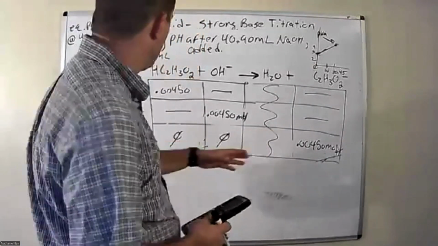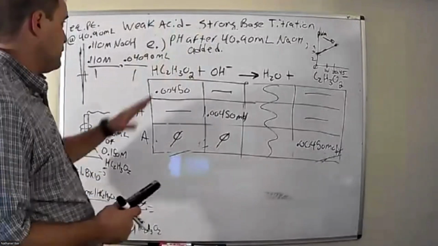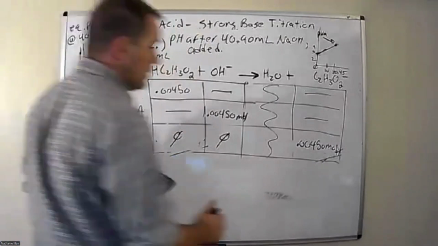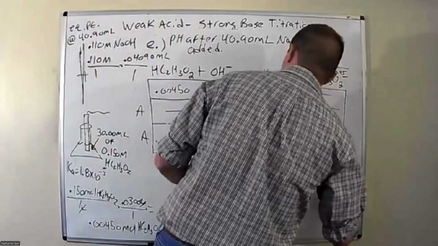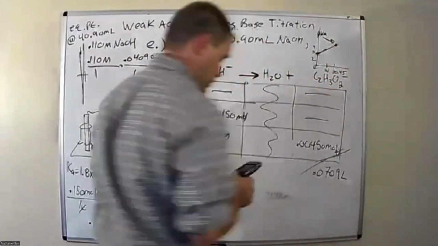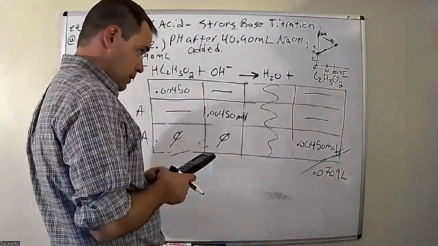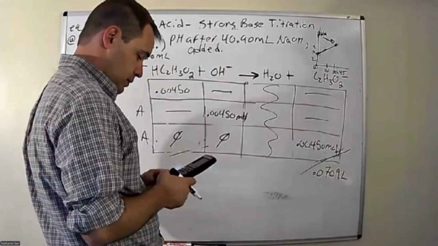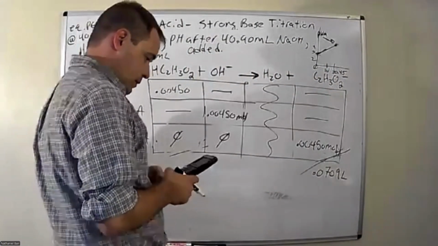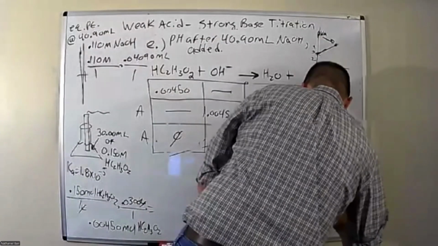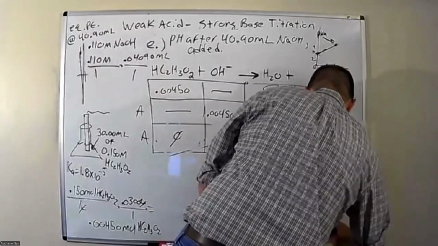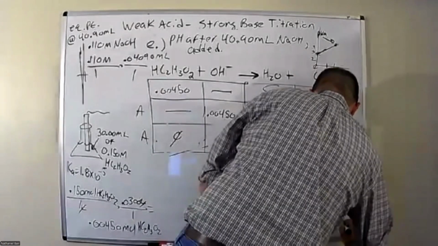We're going to divide by the new volume. So 30 plus 40.9, that's 70.9. So we're going to divide this by 0.0709 liters. And we get 0.0635 molar acetate.